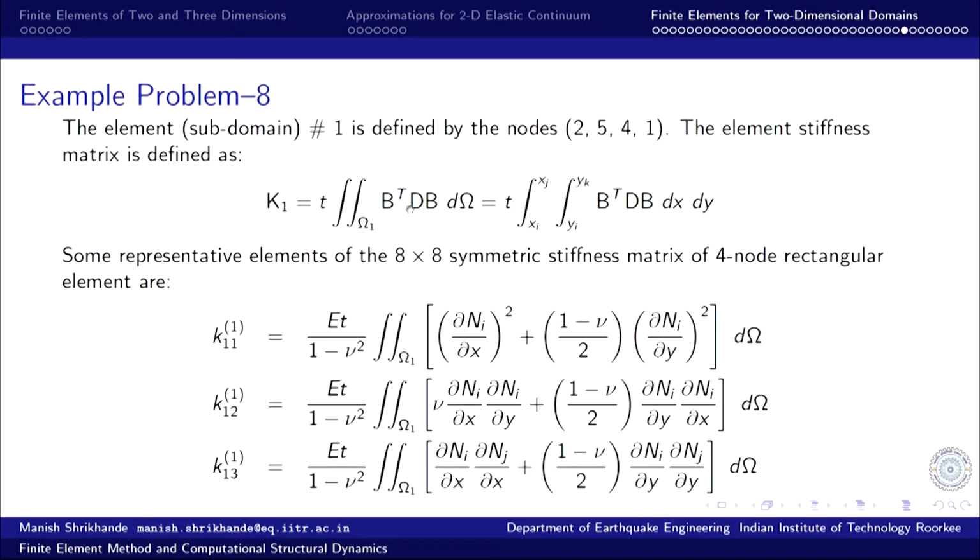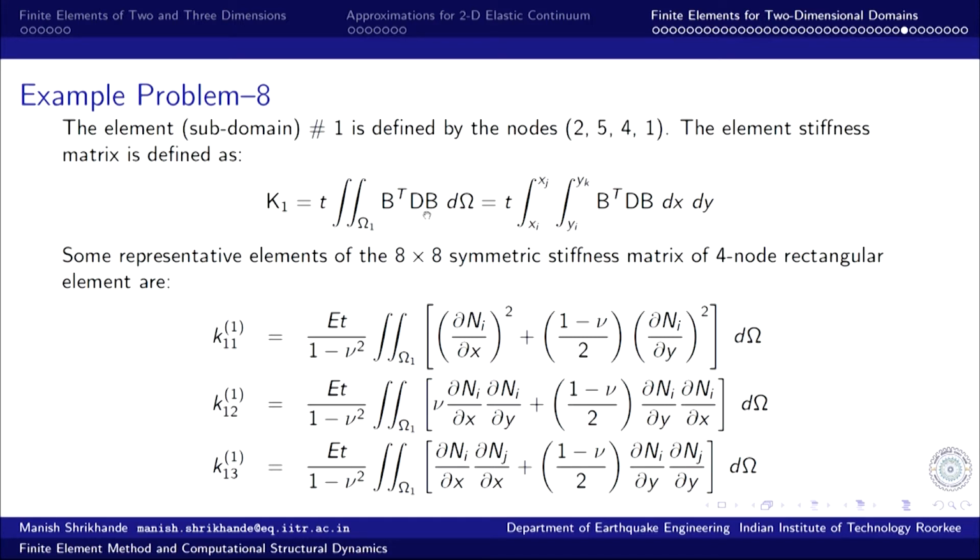B transpose is the strain displacement matrix, borrowing the terminology from solid mechanics. D is the constitutive relation matrix, and B is again the strain displacement matrix, and this is to be integrated over the element domain.